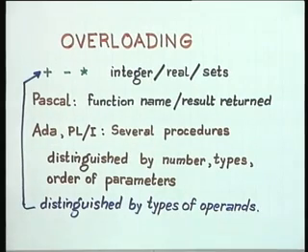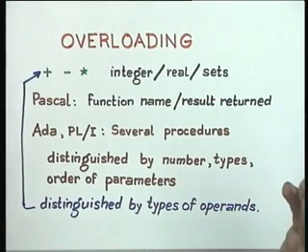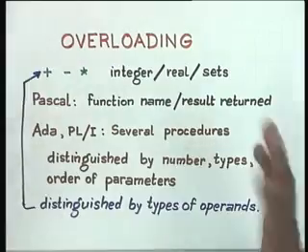For example, in languages like Ada, you can have the same name bindings representing different objects which are distinguished just by some simple thing like the types of parameters. So in the case of procedures, you can use for example within the same scope you can define two or more infix plus operations.